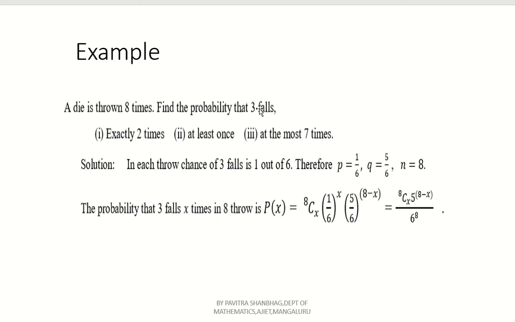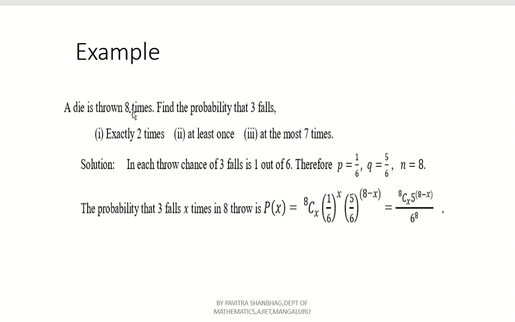In a given die, the possibility of 3 appearing, that means only once, 1 by 6. So p equal to 1 by 6. What is q? 1 minus 1 by 6, that is 5 by 6. And what is n?